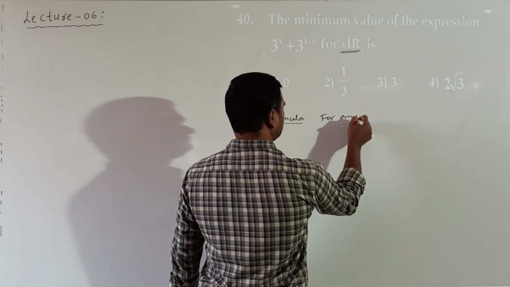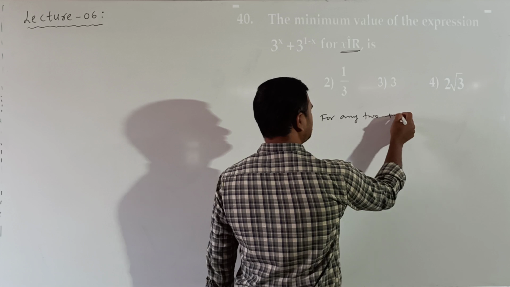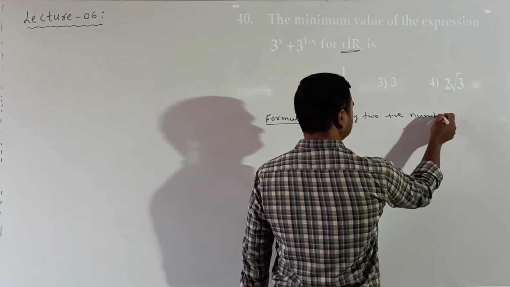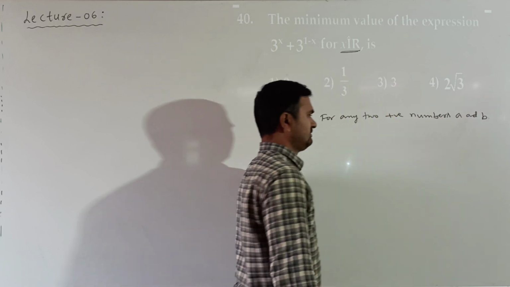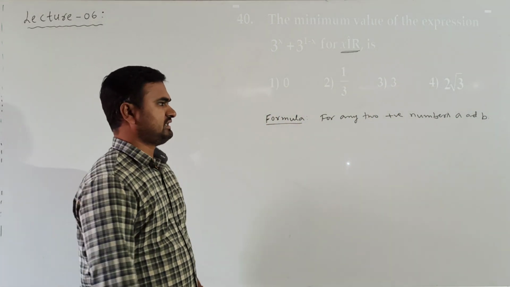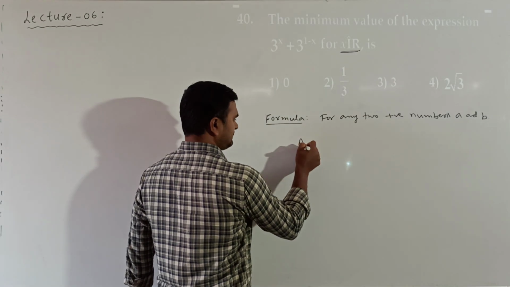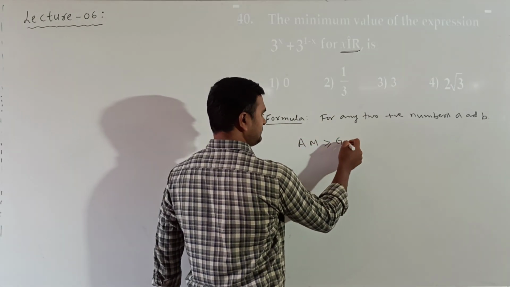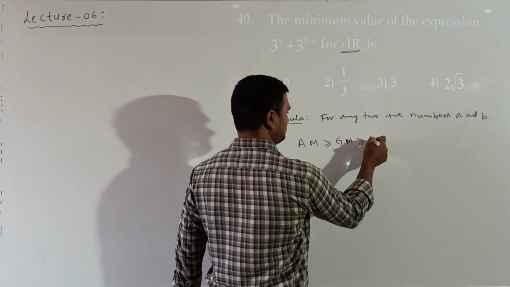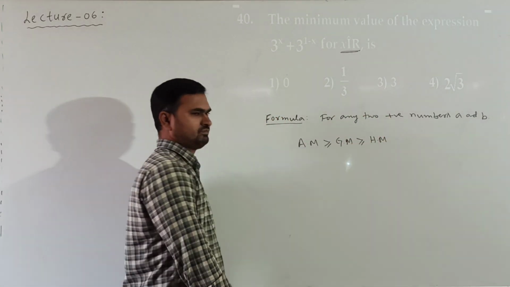For any two positive numbers A and B given, the arithmetic mean is greater than or equal to the geometric mean, which is greater than or equal to the harmonic mean.